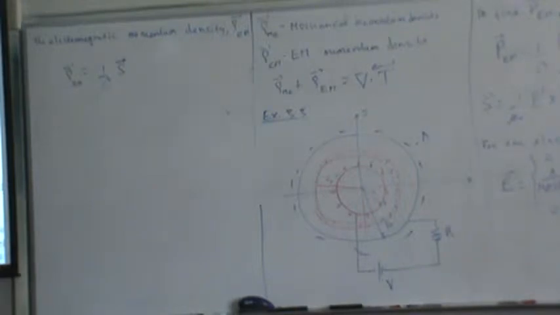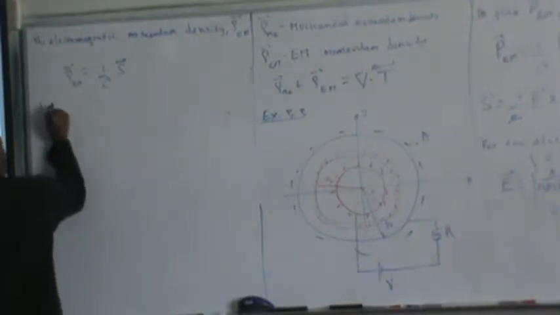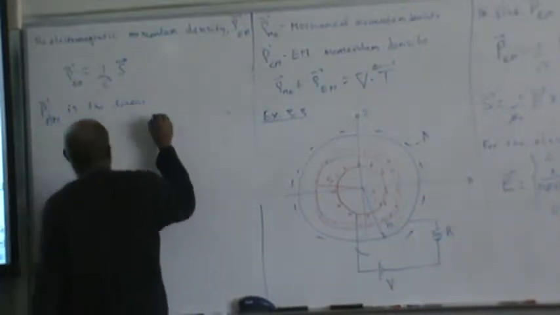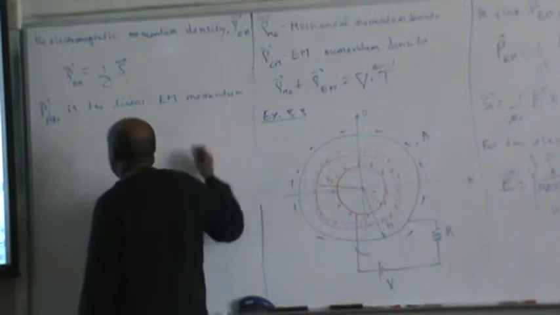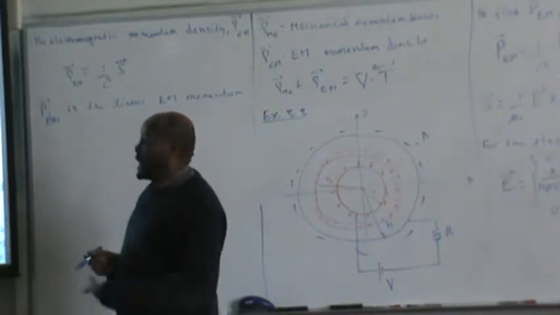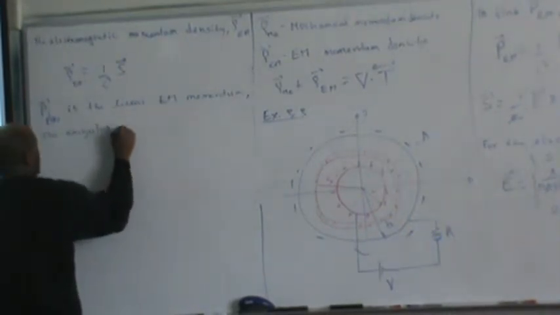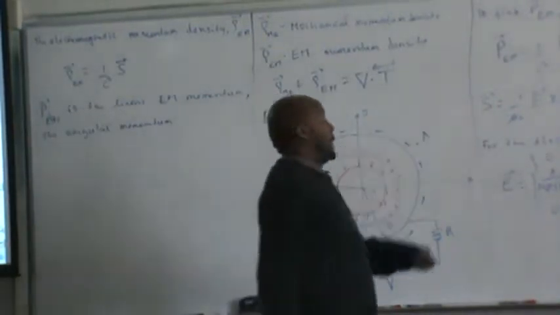So if you want to find then the angular momentum density, if we know, let's say, P em is the linear EM momentum, then you can express the angular momentum just by applying that.